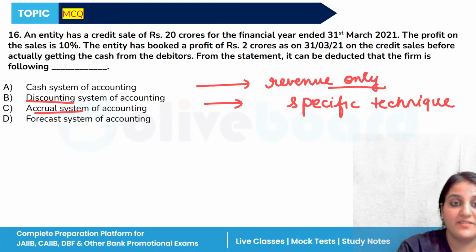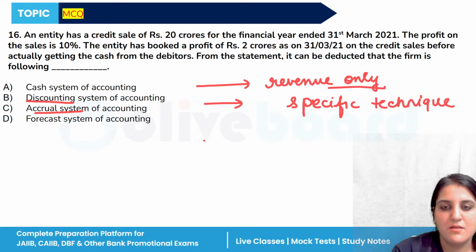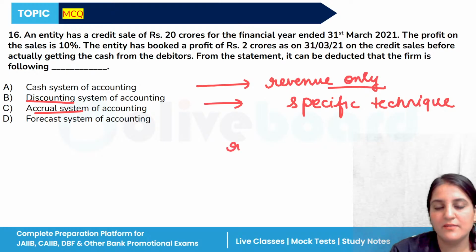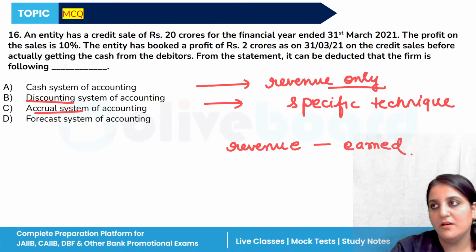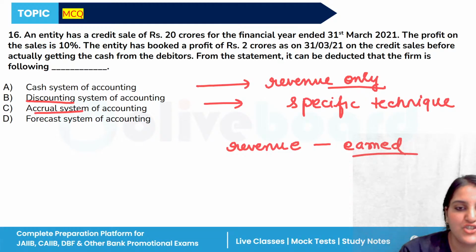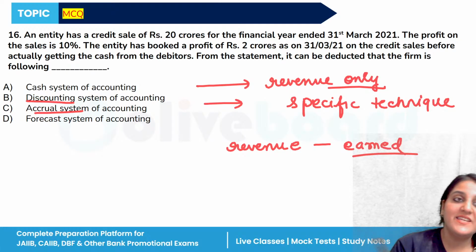If we talk about the accrual system of accounting, it recognizes revenue when it is earned, regardless of when the cash is received, and expenses when they are incurred, regardless of when the cash is paid.